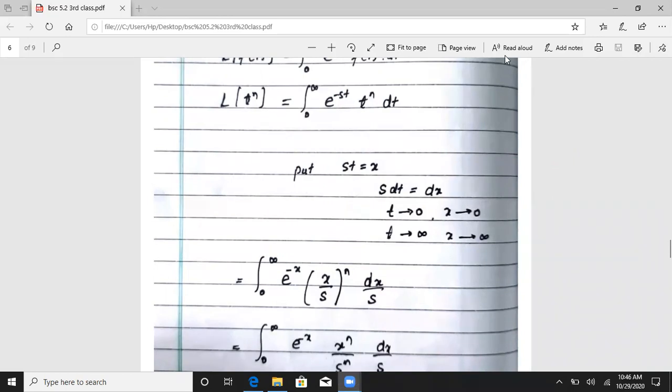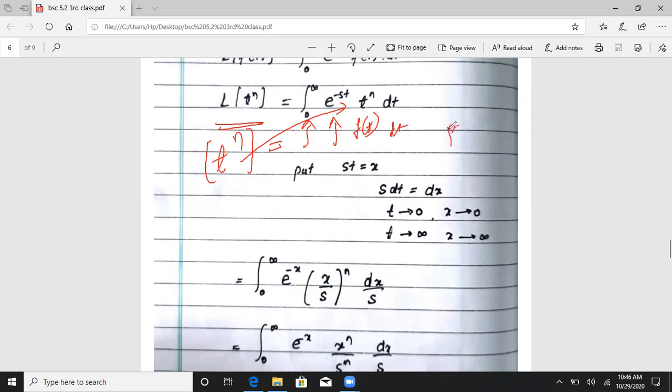I will repeat this once again. The Laplace transformation of the constant function e to the power n is equal to integration from 0 to infinity of e to the power minus st, and instead of writing f of t, I write the given function, that is t to the power n, dt.